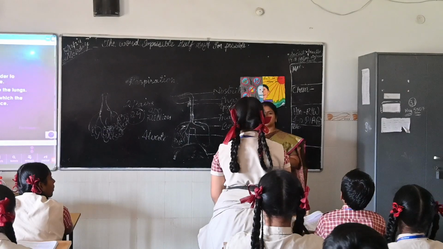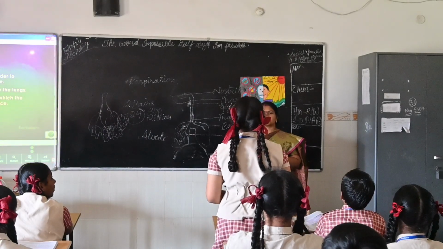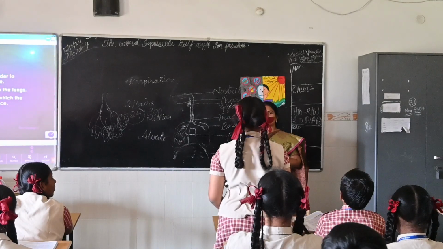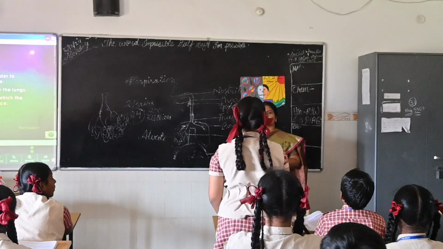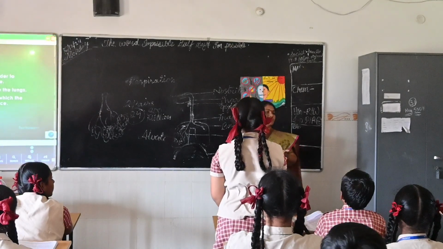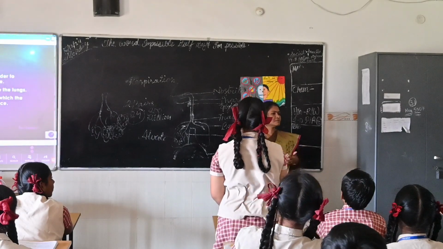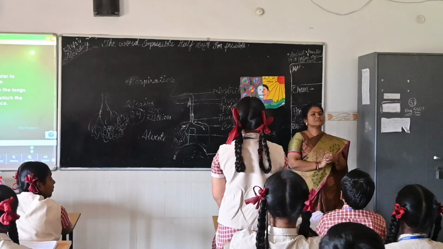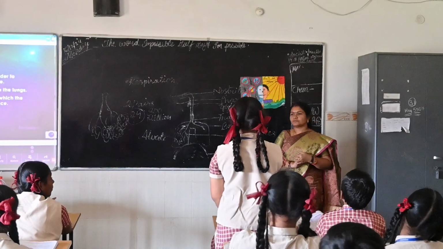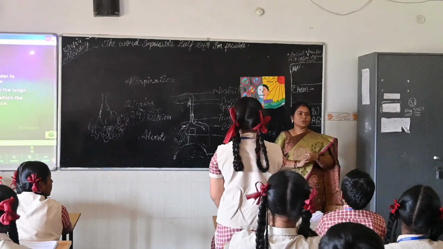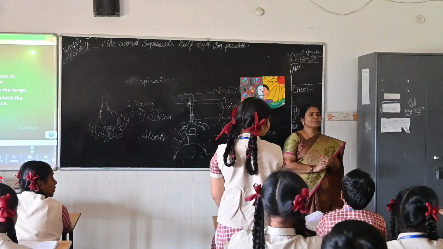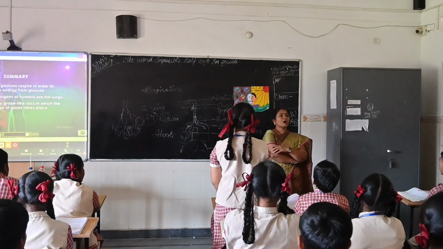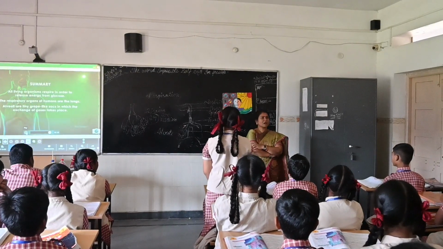The oxygen present in the air will decrease, and these gases are harmful and will hurt our lungs. Why is the oxygen level decreasing? Because of the harmful gases present in the smoke, which displace the oxygen.